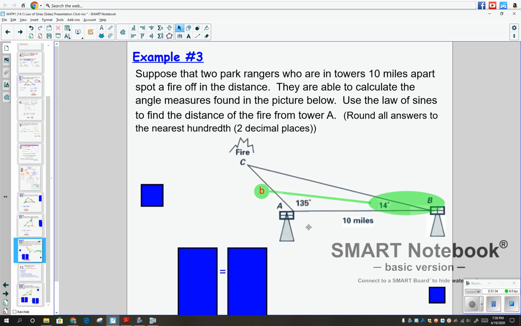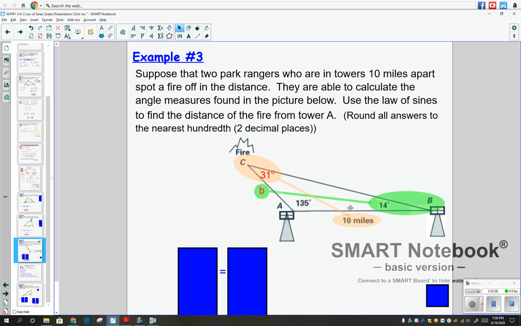So if I do 180 minus 135 minus 14, that ends up being 31 degrees. That means angle C here is 31 degrees. So do I have an opposite pair here? Yes, I do. I have one opposite pair involving two sides and an angle that I know the measure of.